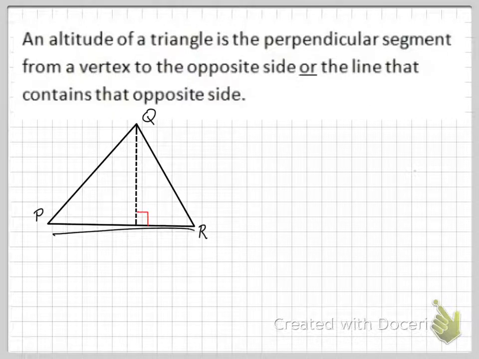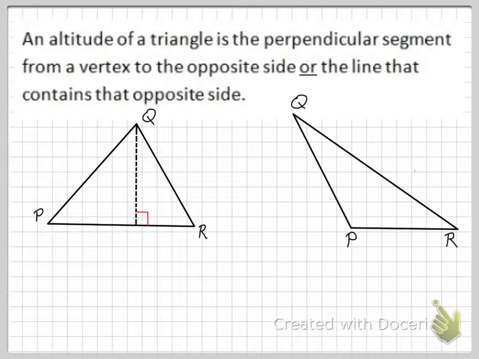So we have also this figure, and we want to draw in an altitude that's going to be perpendicular from the vertex to the opposite side. Well, here's the opposite side, but as you can see, nothing I can do would make it perpendicular. So that's why I have to go out here and make it perpendicular to the line segment that contains that opposite side.